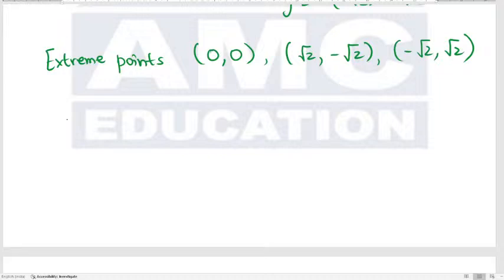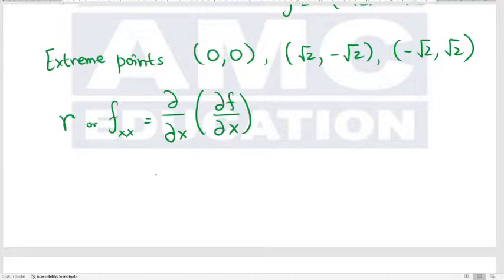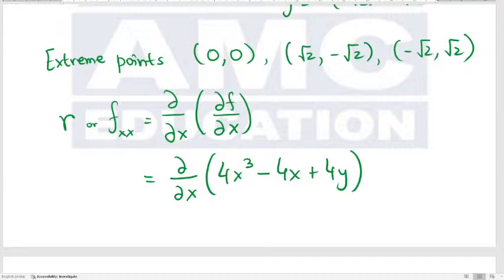But before that, we need to find out what fxx is, right? So the expression for R or fxx is the partial derivative with respect to x, just once. So dou f by dou x was 4x cubed minus 4x plus 4y, right? So we'll jump the steps over 4y, which will become 0 because y is a constant when we find the partial derivative with respect to x.